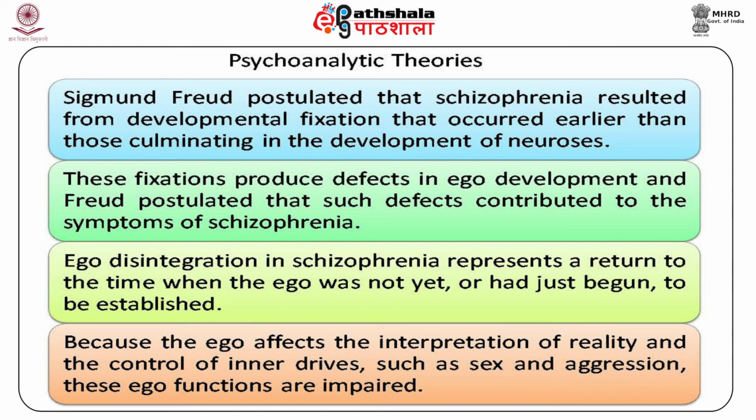Ego disintegration in schizophrenia represents a return to the time when the ego had just begun. Because the ego affects the interpretation of reality and the control of inner drives such as sex and aggression, these ego functions are impaired. Thus, intrapsychic conflicts arise from the early fixation and the ego defects, which may have resulted from poor early object relations. These findings fuel the psychotic symptoms.